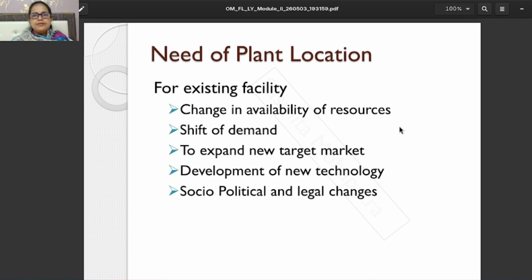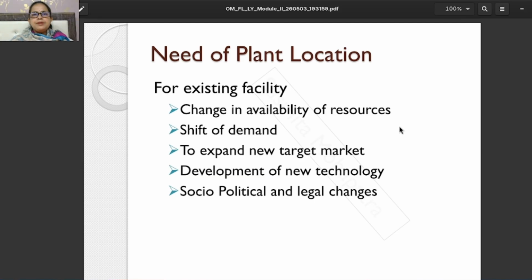If we have a facility and a location, but the resources are no longer available at that place, or there is a scarcity of resources, we can shift the location to another place where we expect the resources to be available.